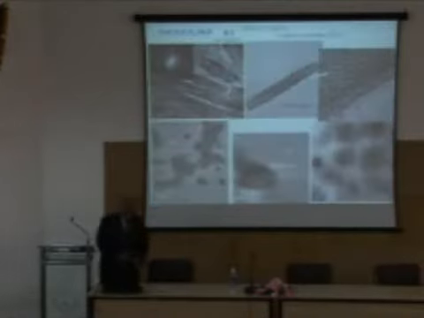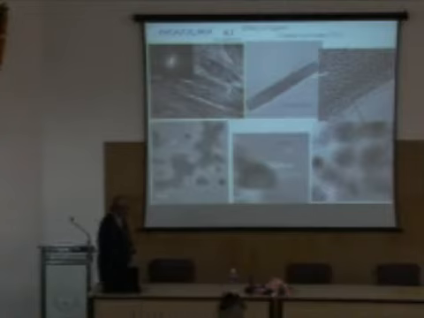Now we can also change the nature of the material from very crystalline to amorphous. Very crystalline materials, if you look under the electron microscope, will show very ordered arrays of the cluster of atoms.